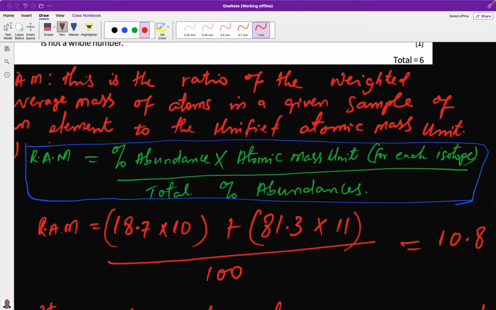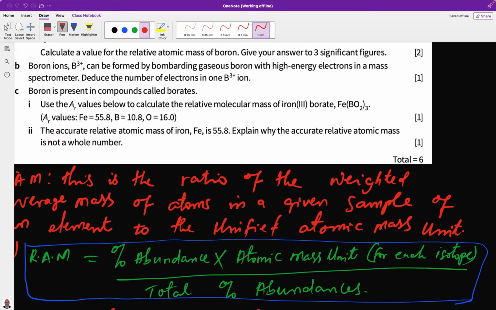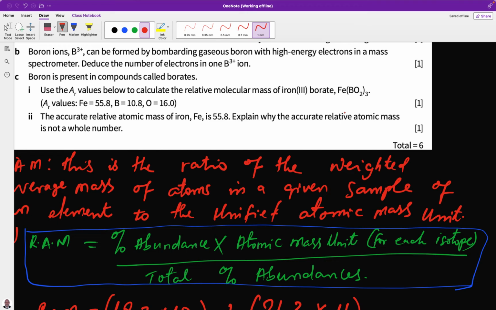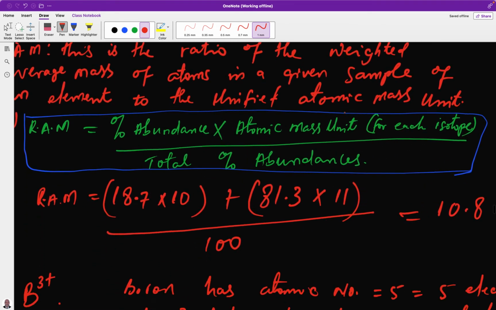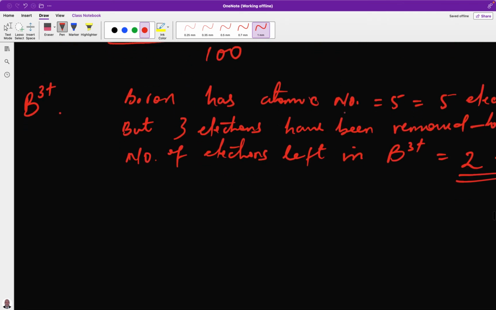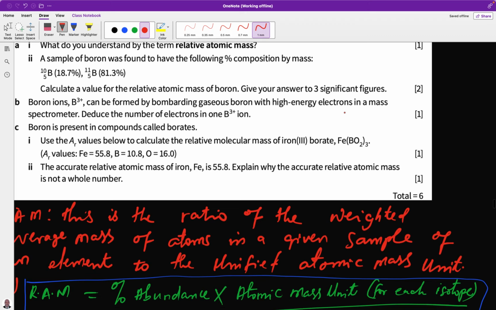Now they go again to say, use the relative atomic mass Ar value below to calculate the relative molecular mass of iron(III) borate. That's good. At times, such questions are being asked. So that is C1.